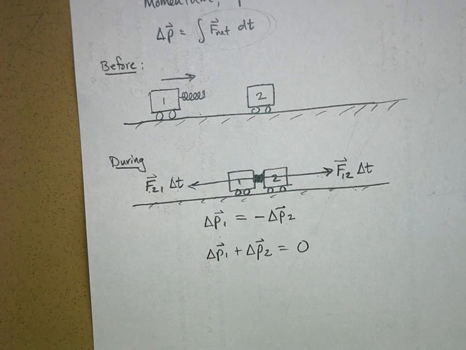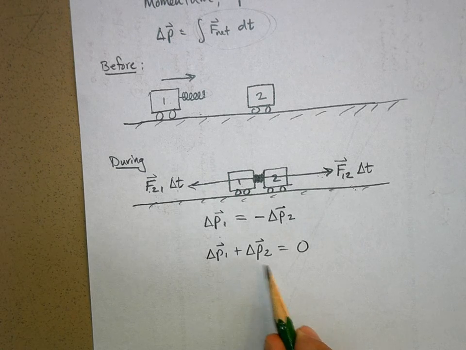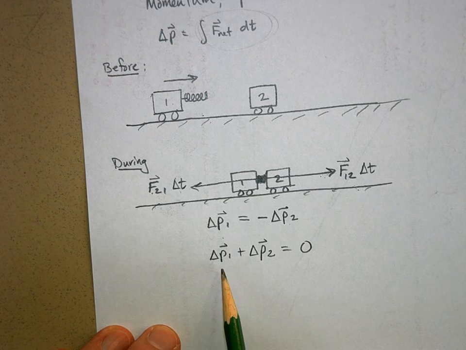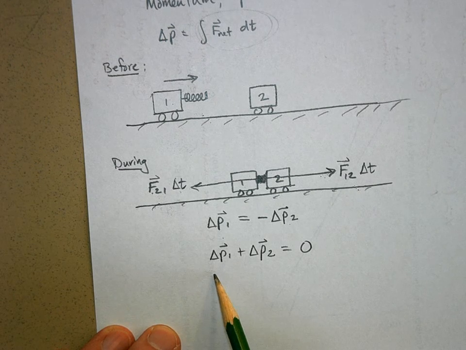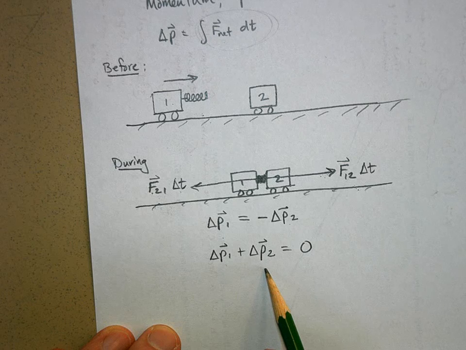Now, don't get lost in math. We're using math, because look, we have a plus sign and we have deltas and letters and stuff. So yeah, it's math. But we're using it to represent a concept that's very true. This is how much we changed the momentum of object 1, and let's add to it how much we changed the momentum of object 2.